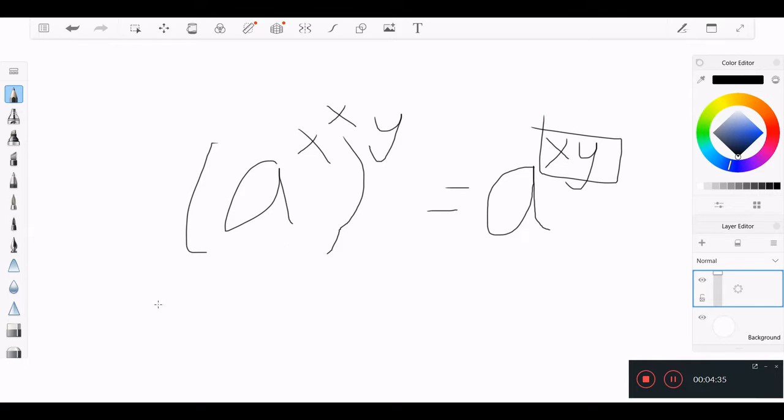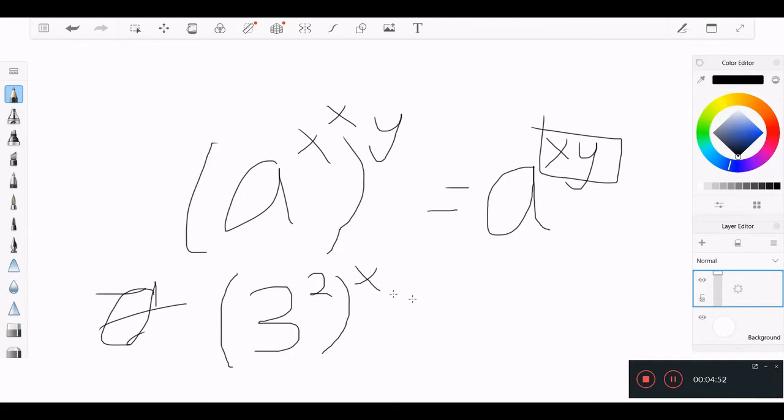I'll give you an example: (3^2)^x. Can you get the answer for me? You just have to remember that the base is the same.